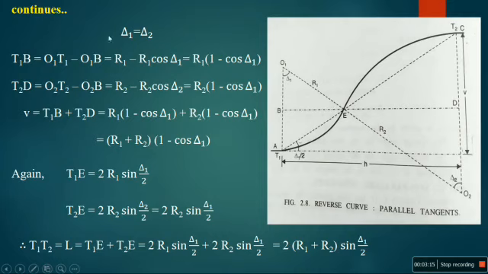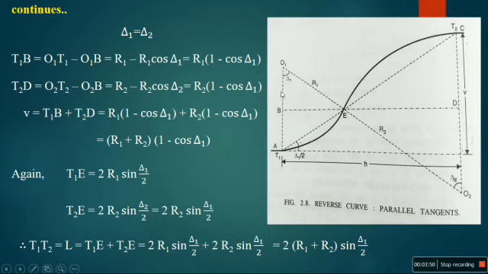Here, assuming that delta 1 is equal to delta 2. So the distance T1B, after drawing this line, is equal to O1T1 minus O1B. Here O1T1 is R1, and O1B, in this triangle we have to apply the trigonometric relations.